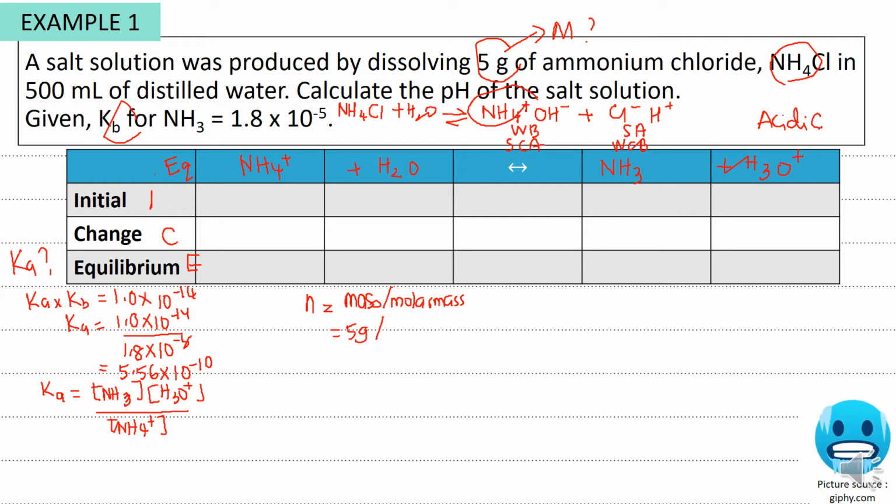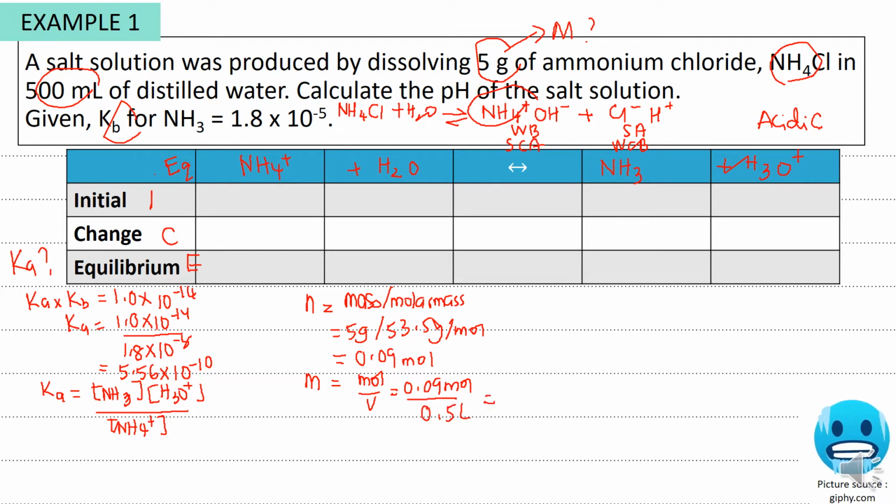So it will be 0.09 mole. Okay, the molarity is mole per volume. The mole is 0.09 mole. The volume used here is 500 ml, so convert to liter, 0.5 liter. So the molarity will be 0.19 mole per liter.